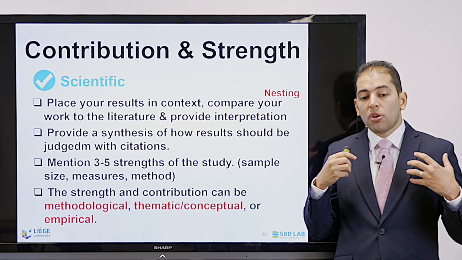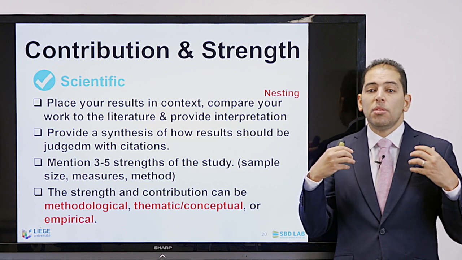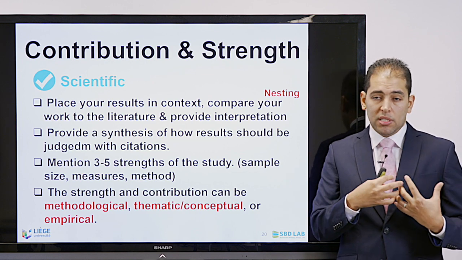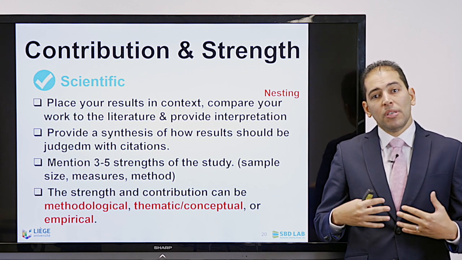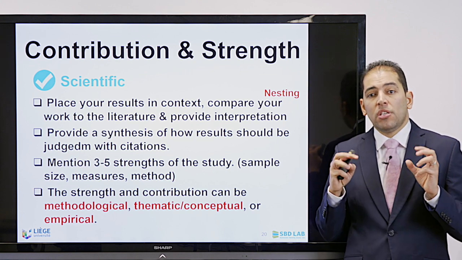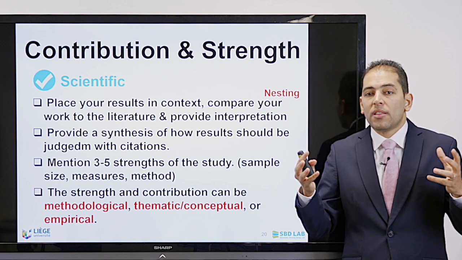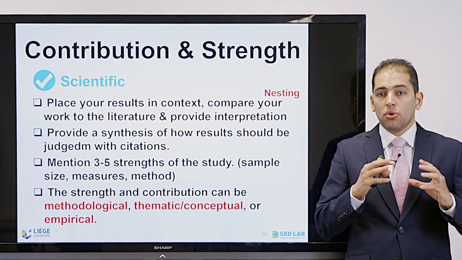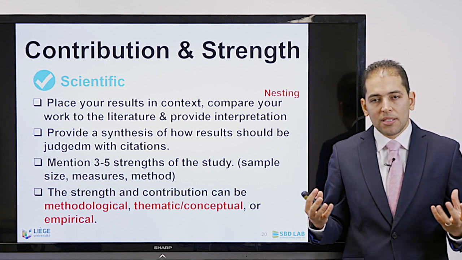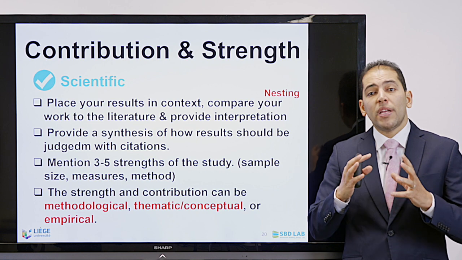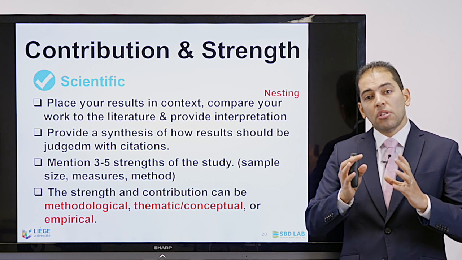And you need also to talk about the strengths and the contribution that can be methodological, meaning that you have a new approach, a new technique, a new way, or it can be thematic, conceptual. Actually, you are talking about a very new topic that was not addressed before. So here it is thematic, it's conceptual, it's something that is not commonly addressed in literature, and you are in a very advanced topic or field.